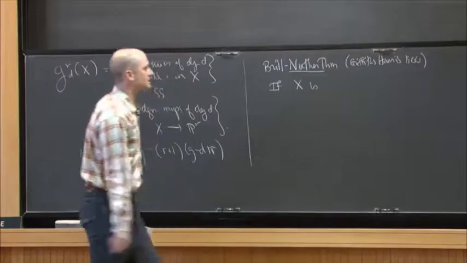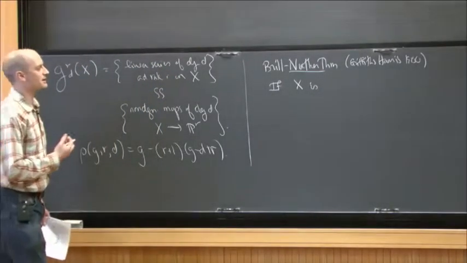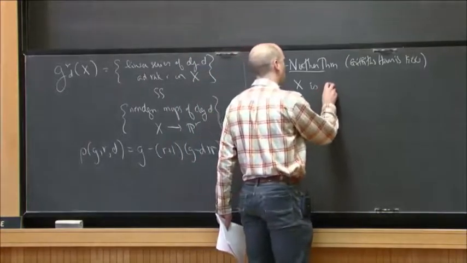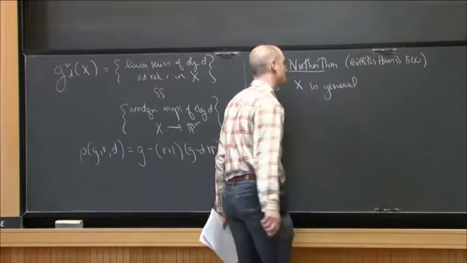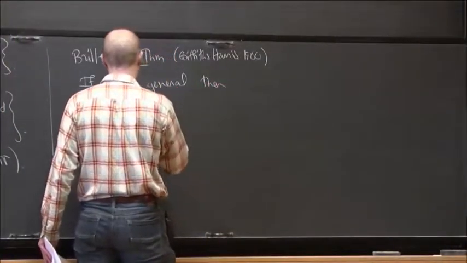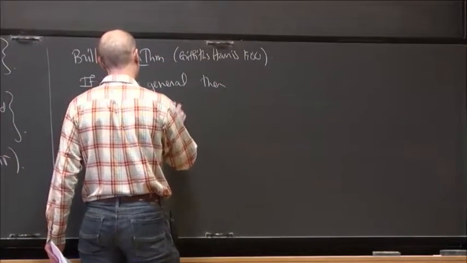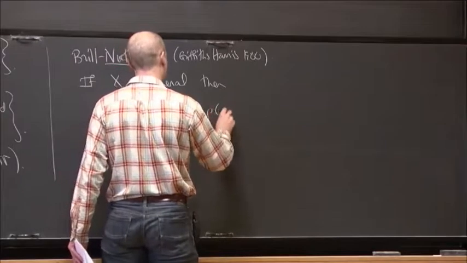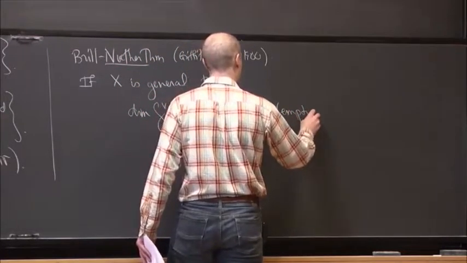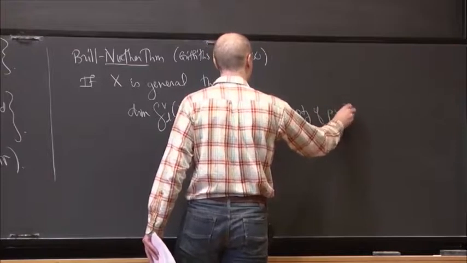So this is describing the dimension of the space of linear series when X is general. So if X is general, then this dimension estimate is actually correct. So if X is general, then the dimension is rho of GRD, and empty if rho is negative.